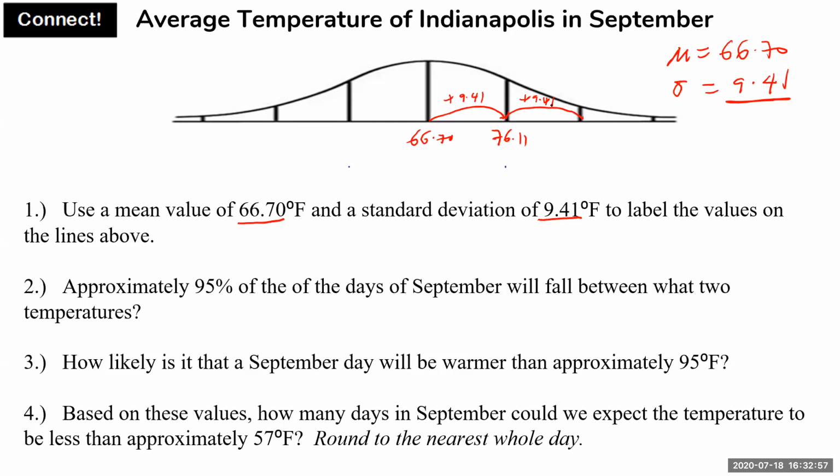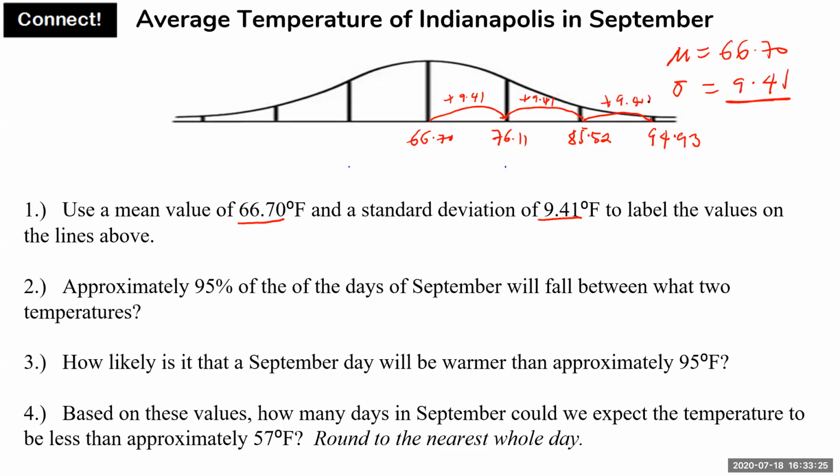Plus 9.41, this should give you 85.52. And then you add to get to the third standard deviation, plus 9.41, and that is 94.93. And don't forget that you have to add that.